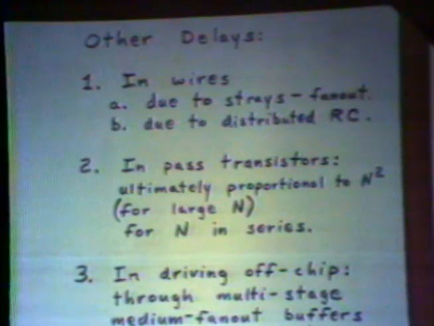The second type is really interesting. It's due to the distributed resistance, series resistance of a line, and its associated shunt capacitance. On a metal line, this is completely negligible because the resistance is negligible. But in a poly line, the resistance is considerably higher. Also in a diffusion line, it's considerably higher, and the capacitance is higher.